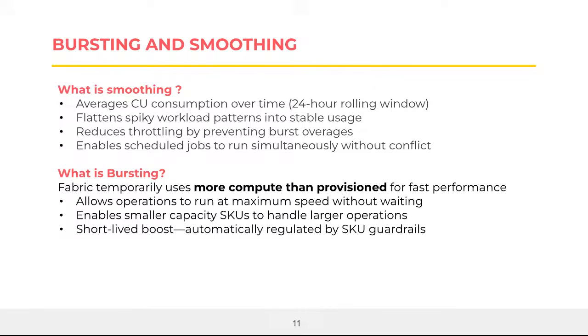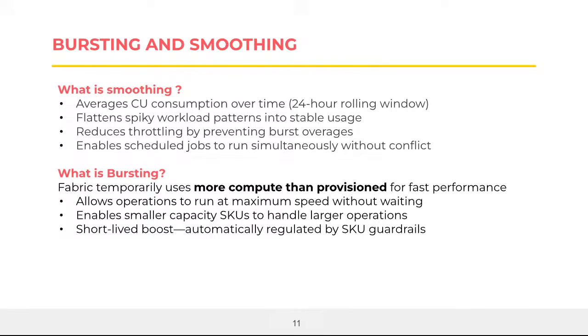We'll see that in a few minutes; I will show you on my screen in Fabric. The goal of the smoothing is to reduce the throttling. By smoothing your operations, you have less chance of throttling your capacity, and you can also enable scheduled jobs to run simultaneously without conflict. But once again, you have to be careful with that, because you will have to pay later.